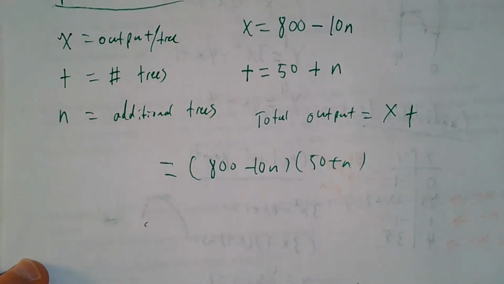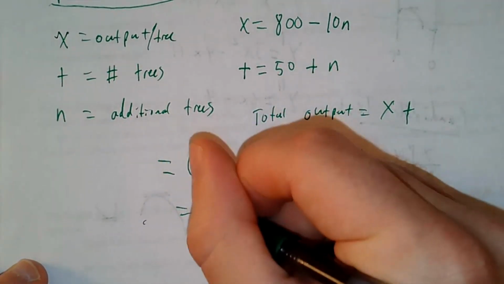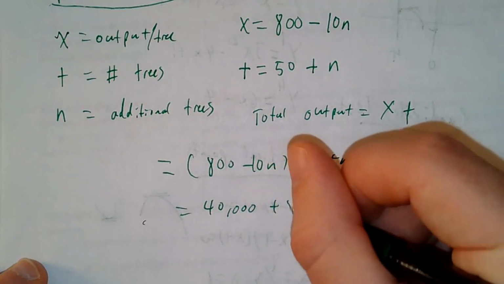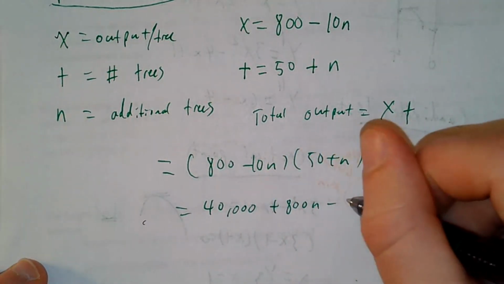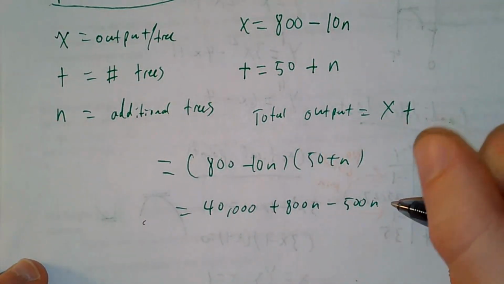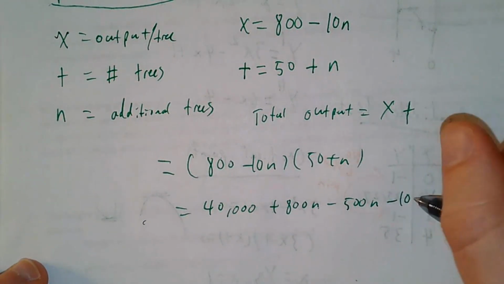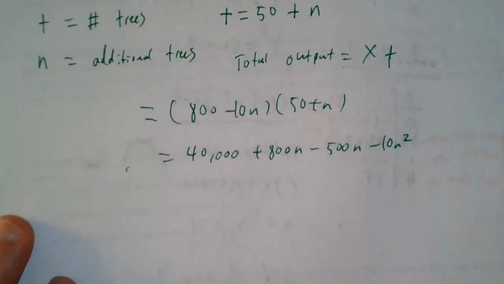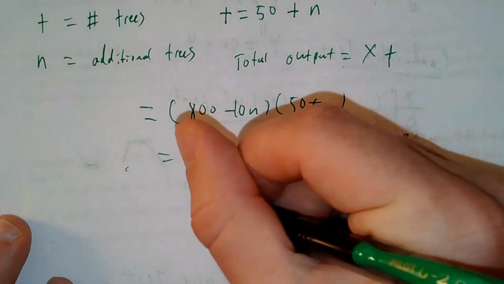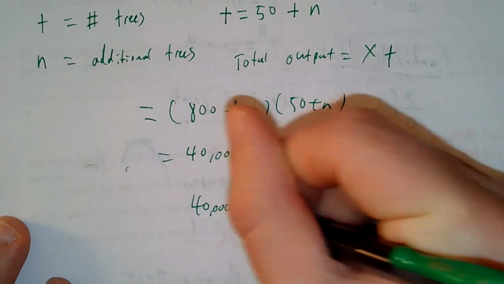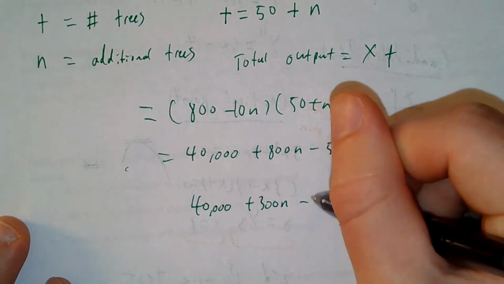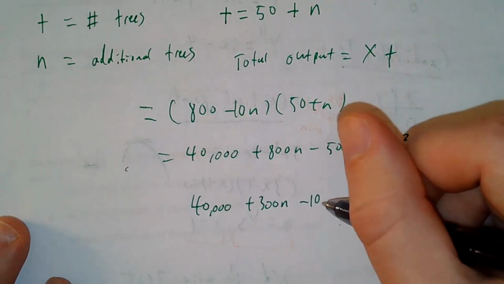When we multiply, we'll get 40,000 plus 800n minus 500n minus 10n squared. All put together, combined like terms, you're going to get 40,000 plus 300n minus 10n squared.